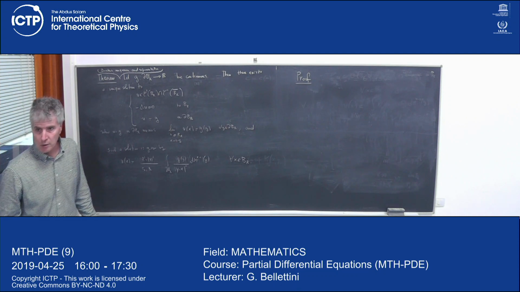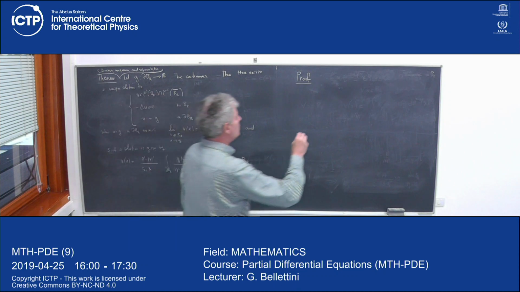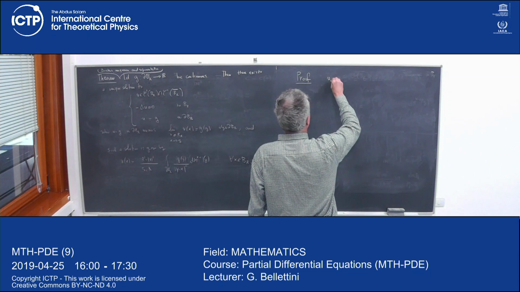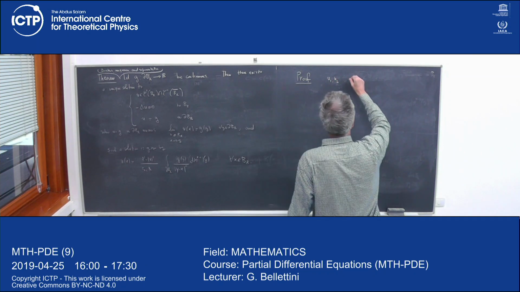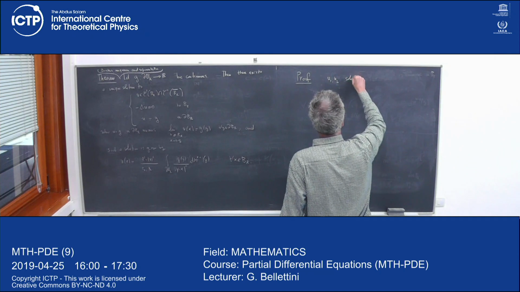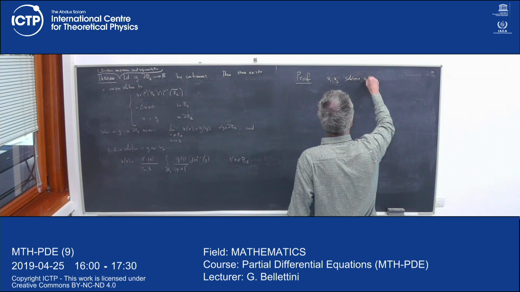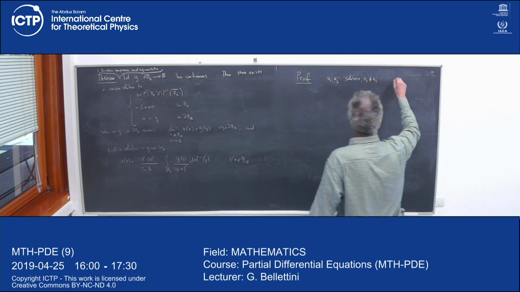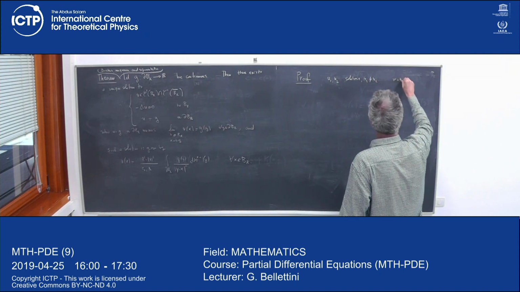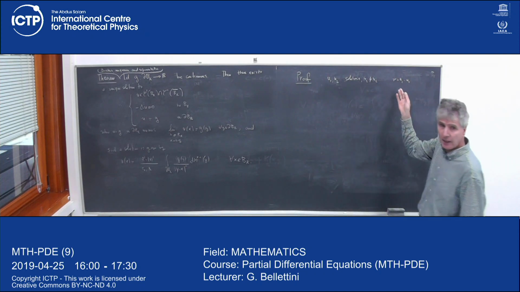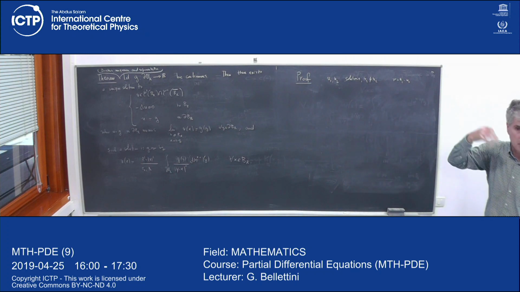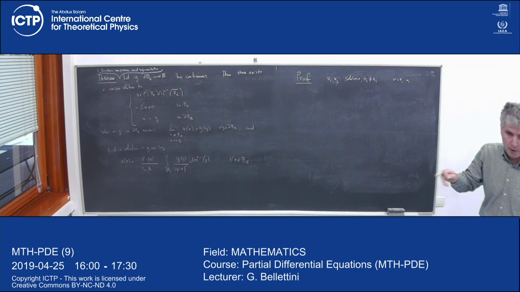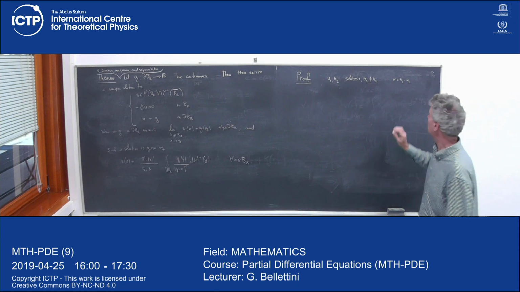Because if you have two solutions, u1, u2, you take the difference, v equal u2 minus u1. I think we have already done this using the weak maximum principle.